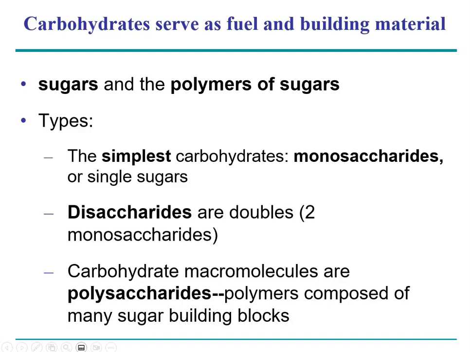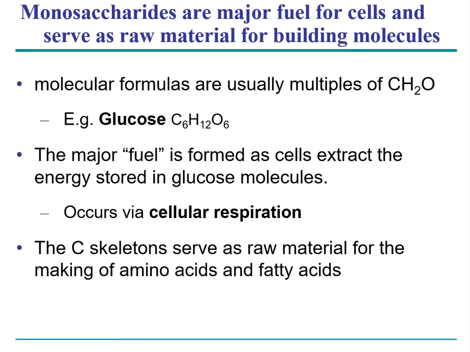Okay, so now we're going to look at some specific examples of carbohydrates. First, the one that gets the most recognition, and that we study more in this class when we talk about cellular respiration and photosynthesis, is glucose. Glucose is a monosaccharide.